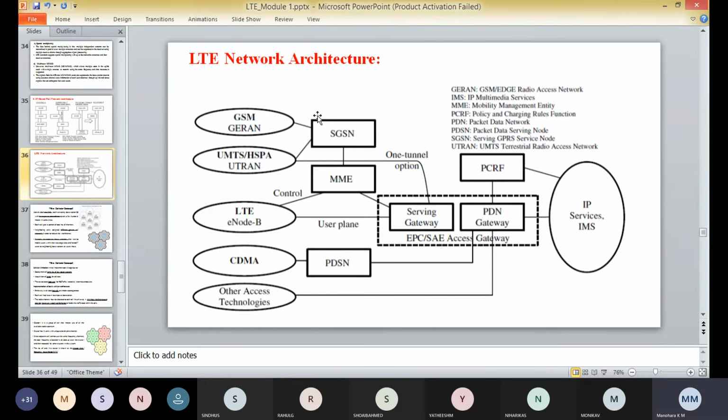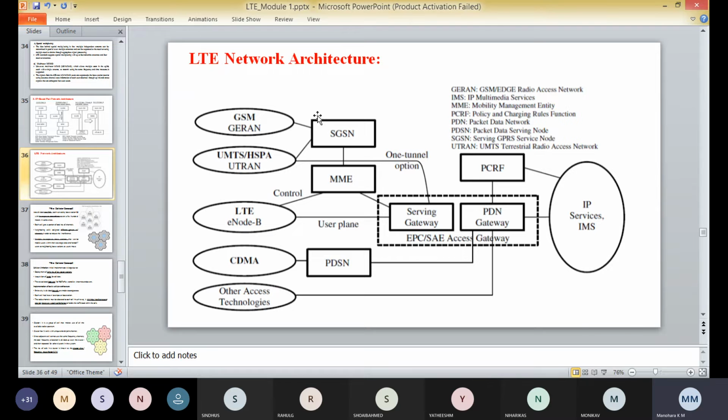So it supports radio access networks such as LTE. Here the EPC includes functions such as access control, packet routing and transfer, mobility management, security, radio resource management, and network management.